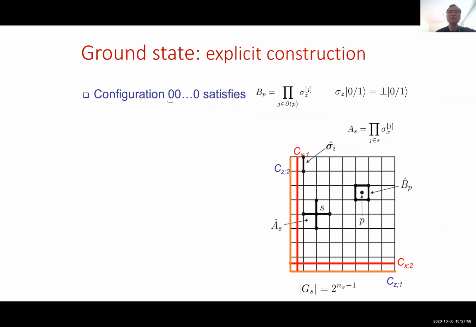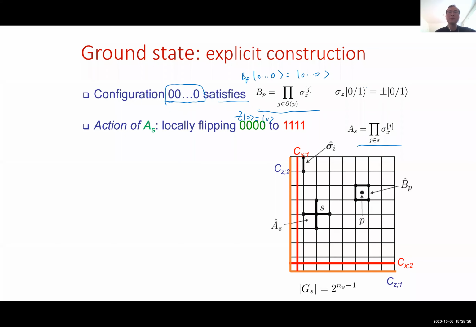First, we need to satisfy the plaquette operator and the star operator. So to begin with, I choose all zeros. These satisfy the B_p because B_p applied to the 0 will still return the 0, because Z acting on 0 is plus 1 times 0, right?